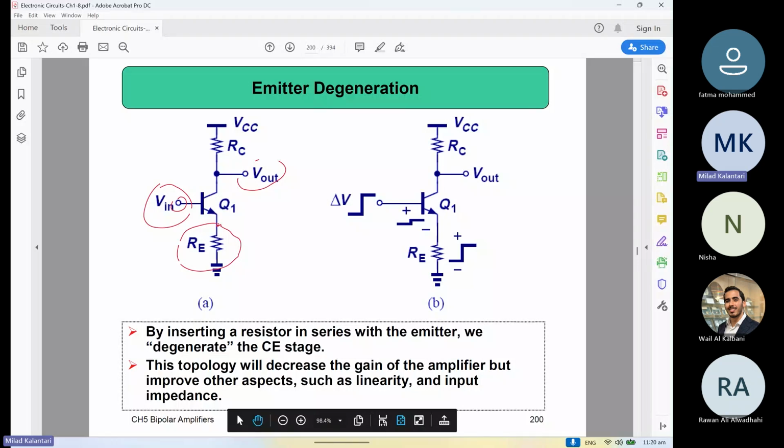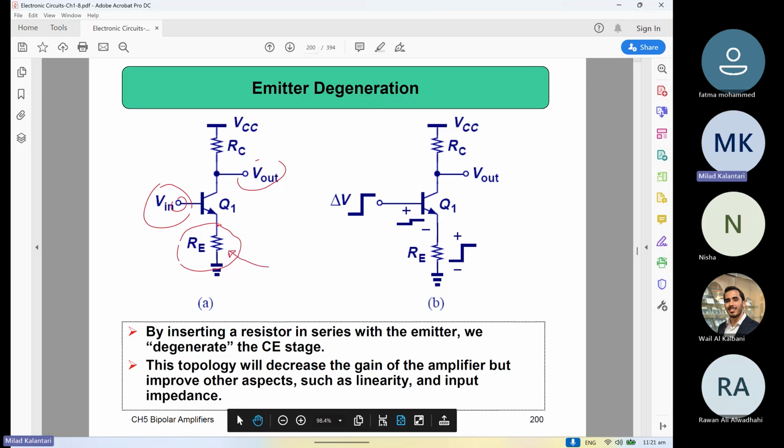From the bias point? To have a negative feedback, Milad. So can you repeat? To have a negative feedback. Yes, no, just from the bias perspective that we thought initially. This RE helps for the bias, right? Do you remember?